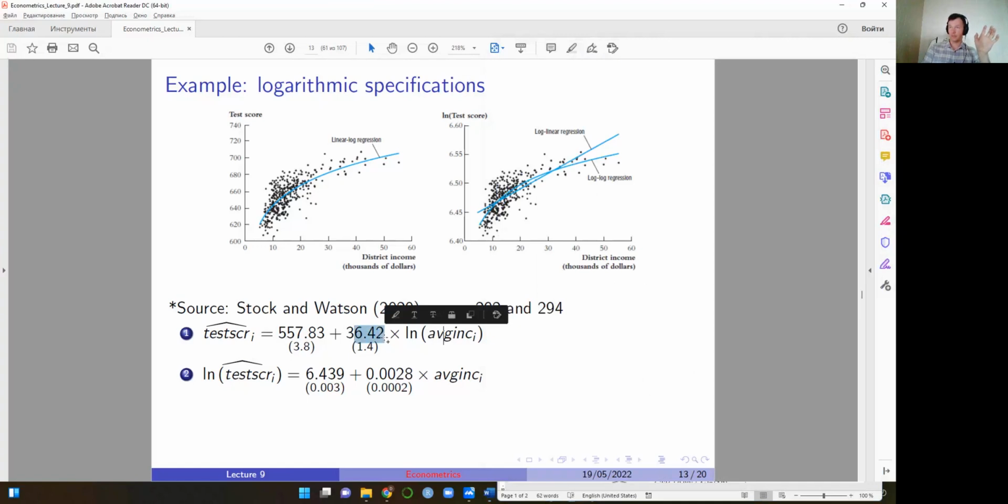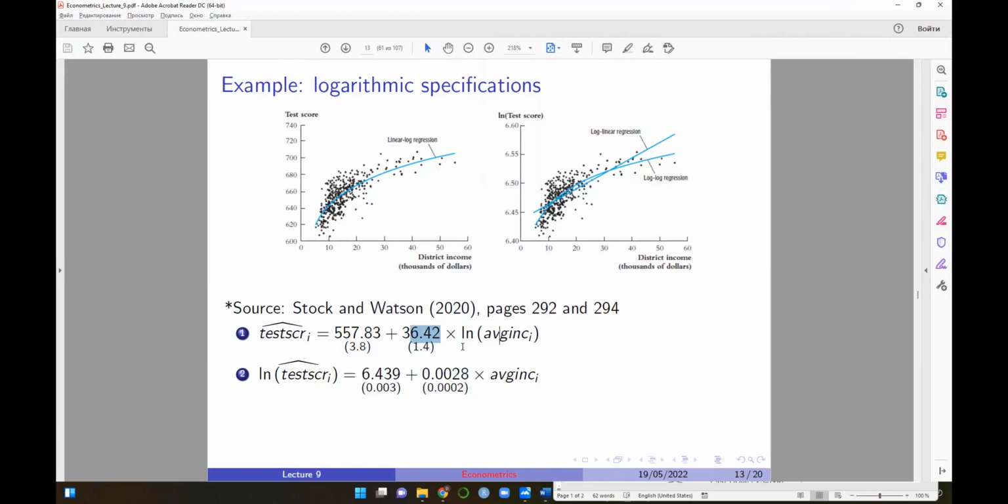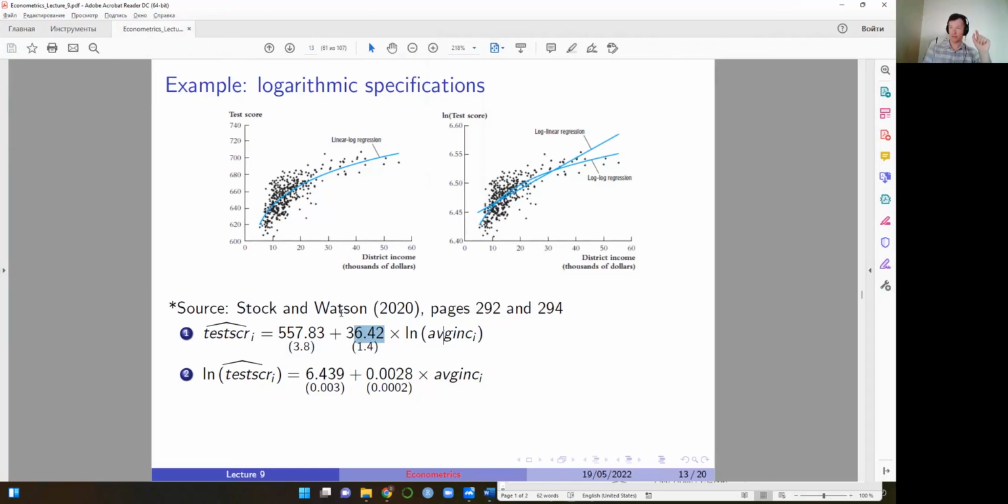If we want to interpret this coefficient with large changes in x, for example 10%, then the interpretation is going to be something like, if average income changes by 10%, which is large, the score changes by 3.64 points.